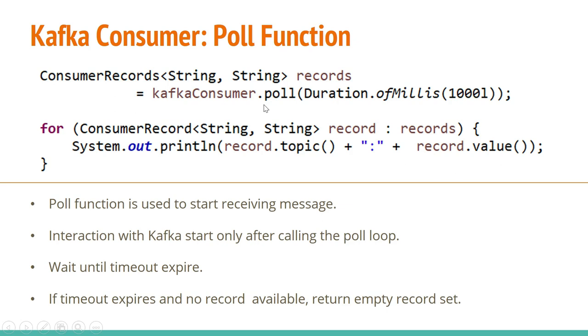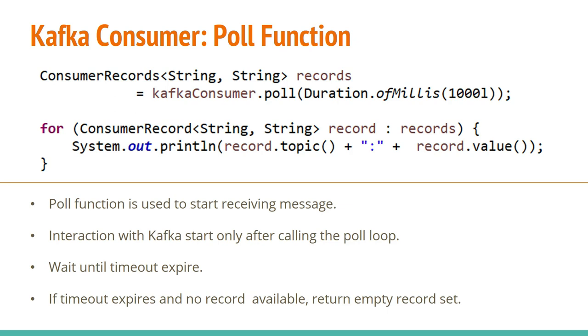This poll function needs one timeout, which is in milliseconds. So assuming that in the Tacognite topic we have some messages already available to be processed by this consumer, then this poll function will immediately return us the records and we can consume them in our application.